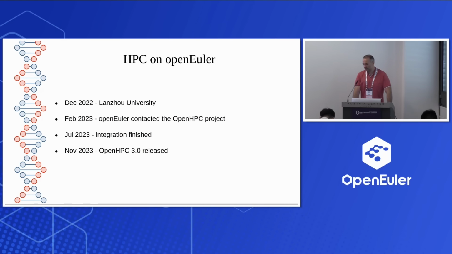And some of the others, which are more HPC specific, are in external repository that is maintained by me. And at July 2023, the integration finished. And later that year, at the Software Computing Conference, November 2023, OpenHPC version 3.0 has been released with official support for openEuler 2203.